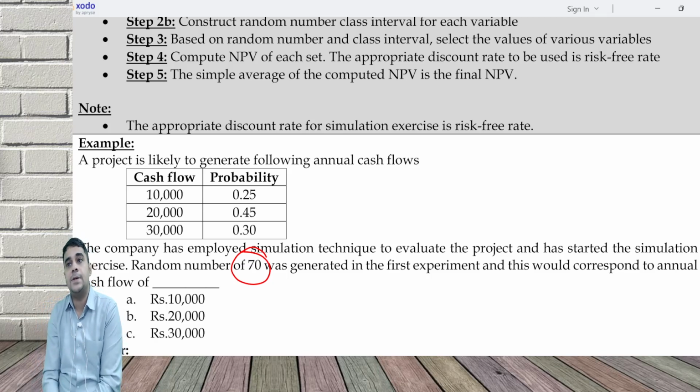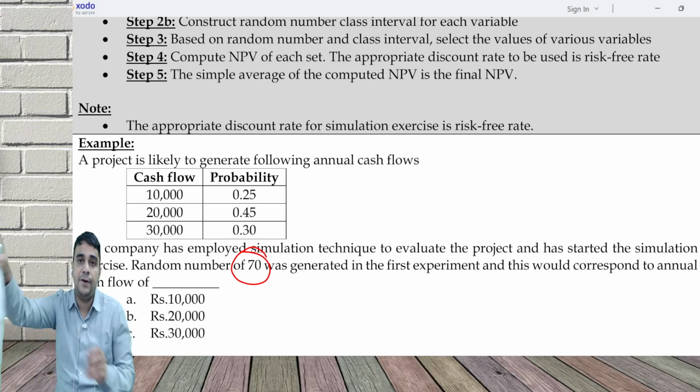Please fit random numbers. Write cumulative probability on the side first. Do cumulative probability and fit random numbers.